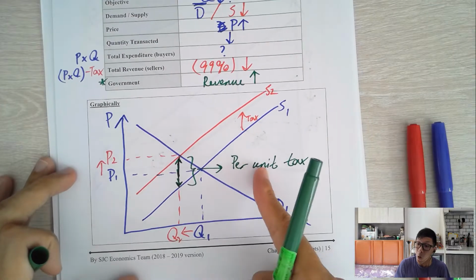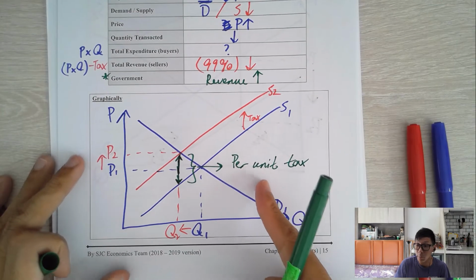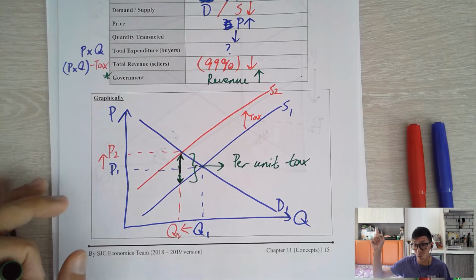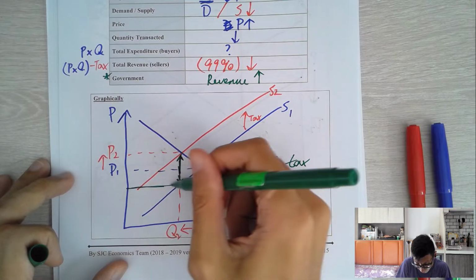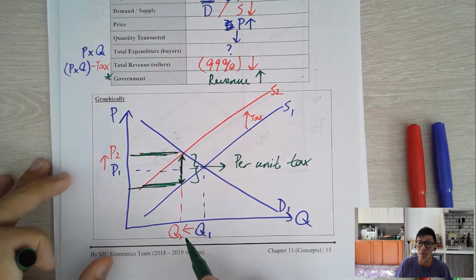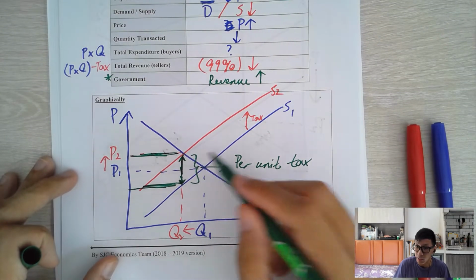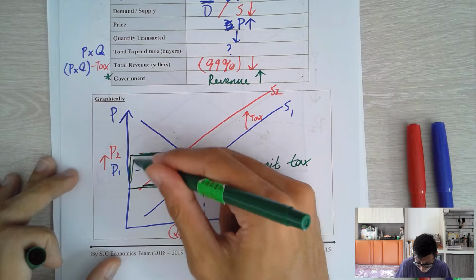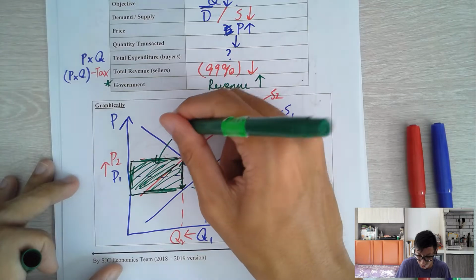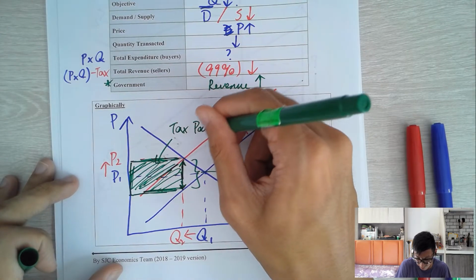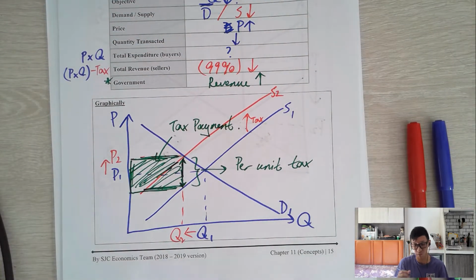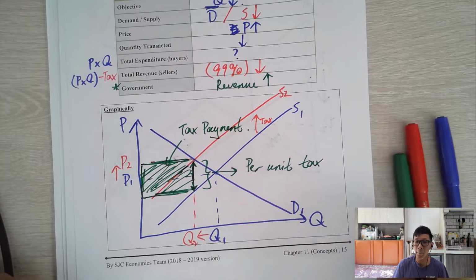So total tax payment would be per unit tax times the number of units sold, right? So this one, horizontal is the amount of sales, while vertical is the per unit tax. This green guy would be the total tax payment. Later on, we have a name for it, but let's leave it for the next video. This is the tax payment.